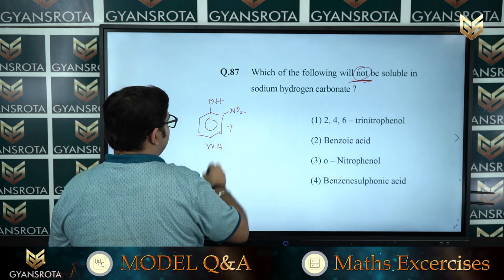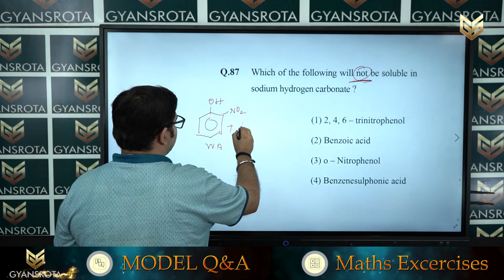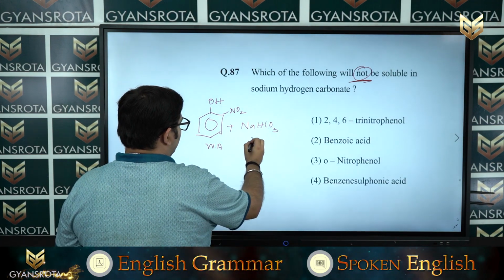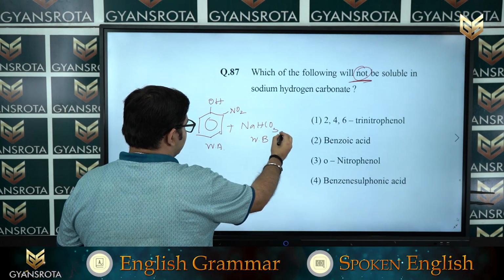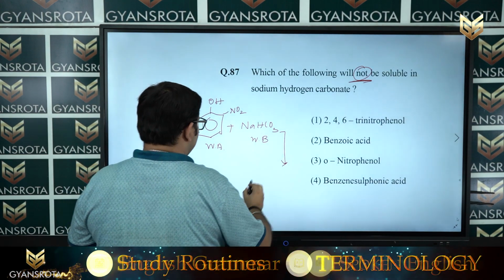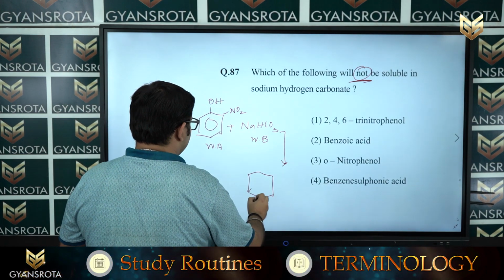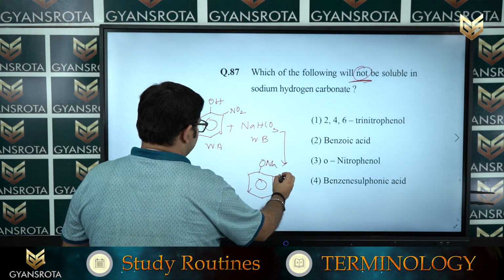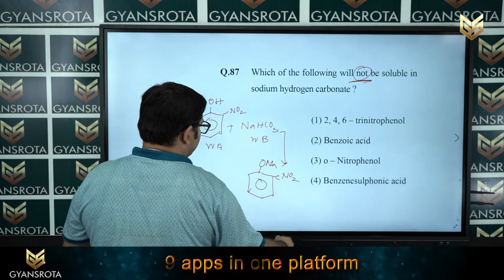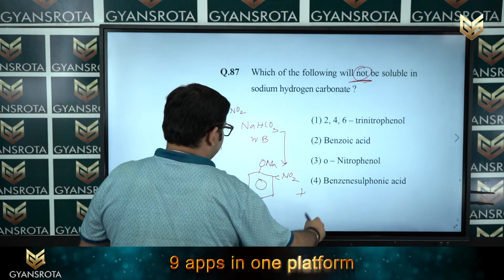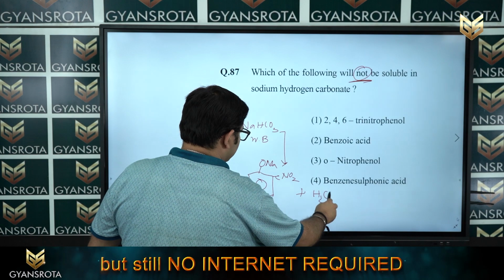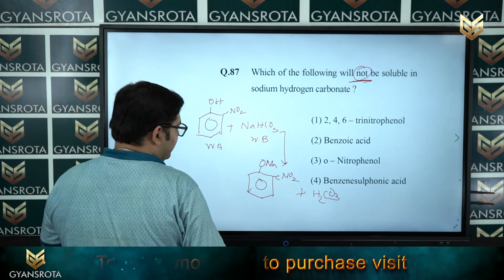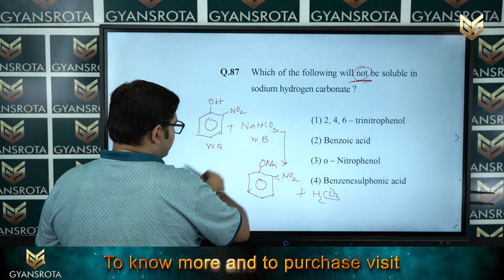When it reacts with sodium hydrogen carbonate, that is NaHCO3, which is a weak base, it will give this product, ONa and here NO2, plus it will give H2CO3. This is a weak acid, this is a weak base.